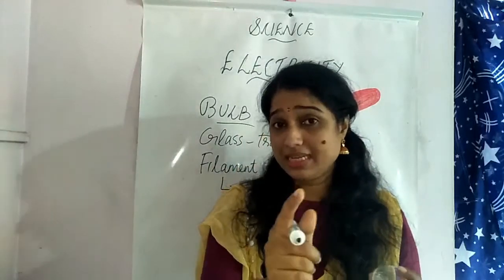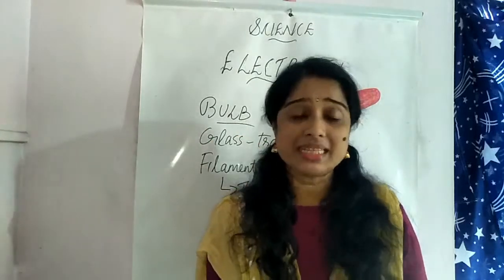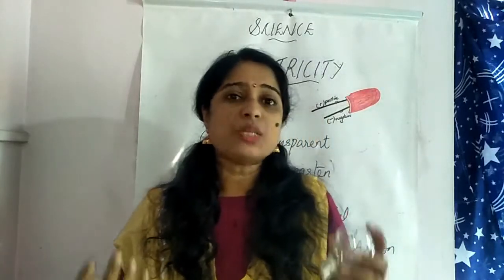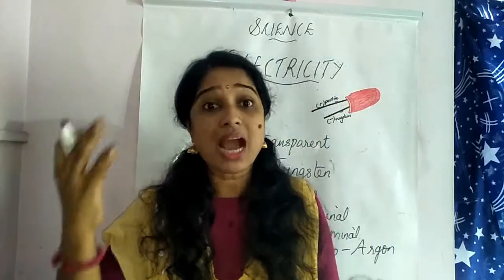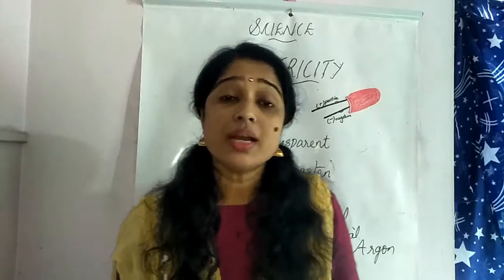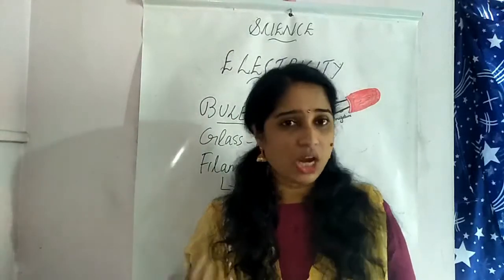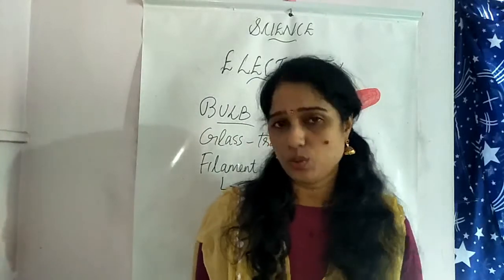Due to electrical energy, the filament gets heated and melts at very high temperature, and what happens? It starts to emit light energy. Not only light, it starts to emit heat energy also.